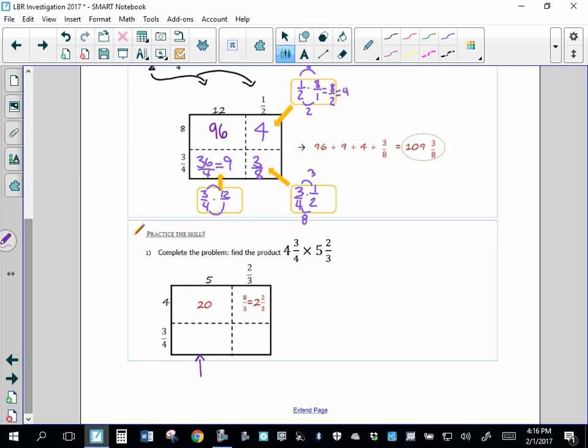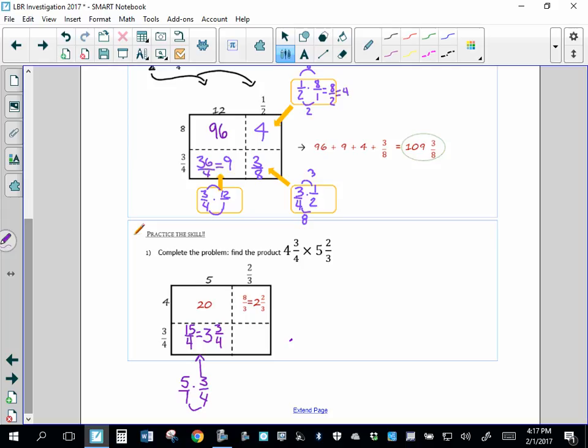So we can think of the 5 as 5 over 1, and the 3/4 as 3/4. And when we multiply the numerators, we get 15. And when we multiply the denominators, we get 4. 4 goes into 15 3 times. And 3 times 4 is 12, so the remainder is 3. So we have 3 3/4.